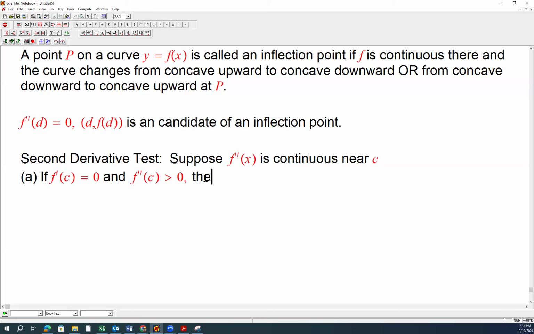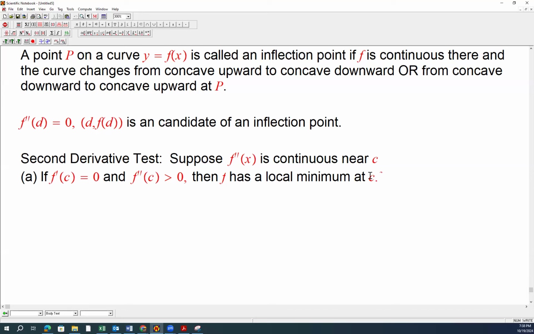Then f has a local minimum at c. You can imagine the situation.